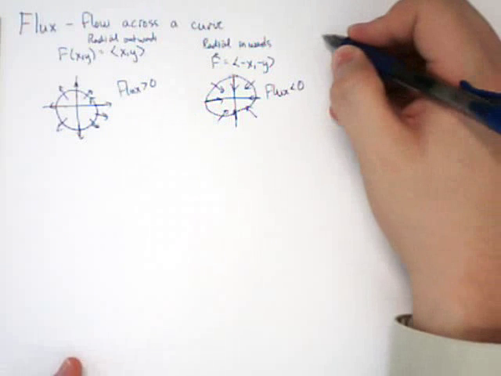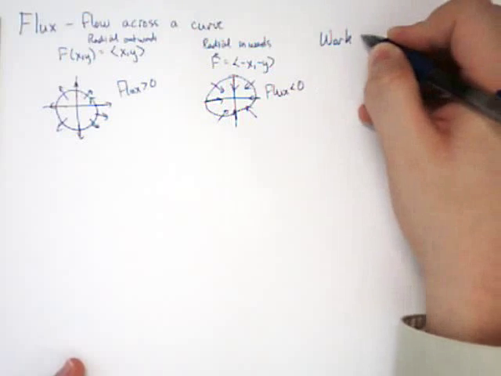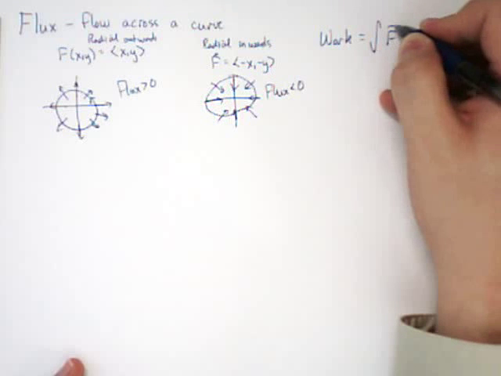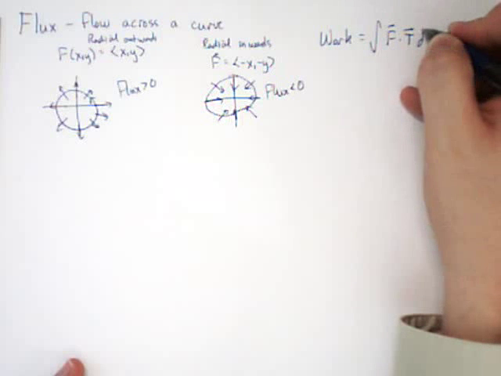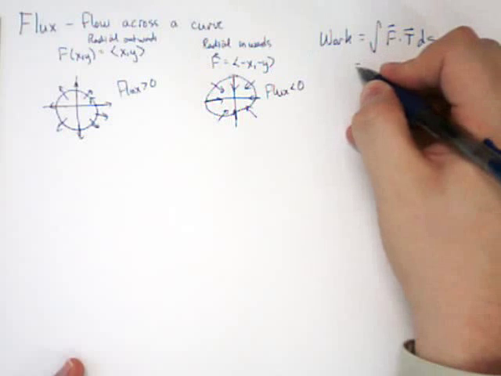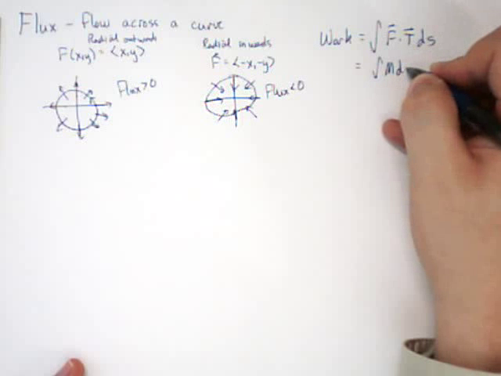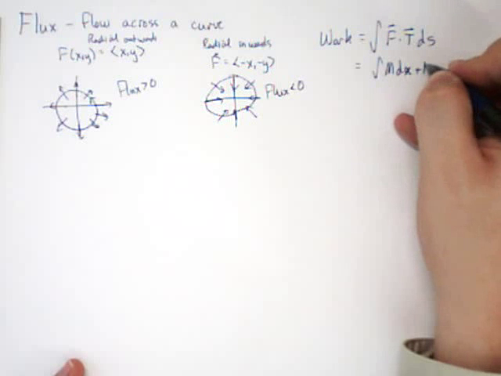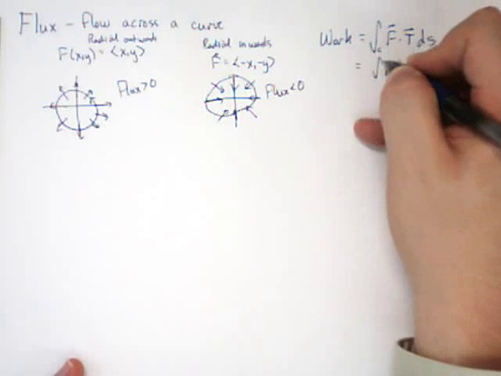To explain where flux comes from, we have to return to work. Work was F dot T ds, or we also wrote it as M dx plus N dy.